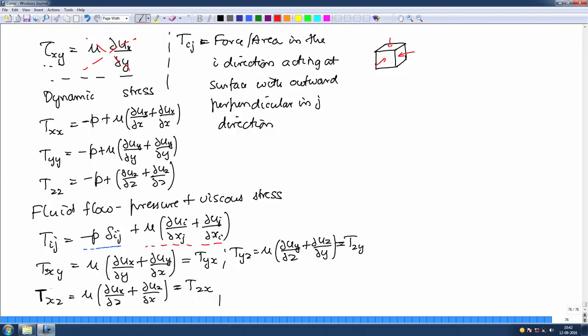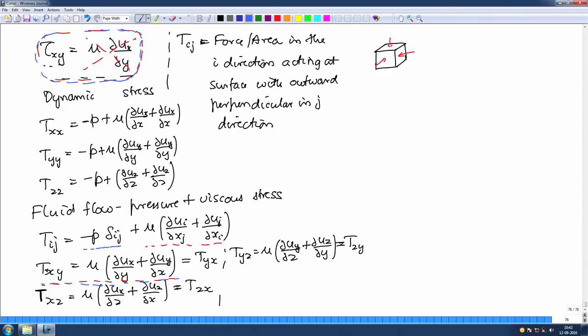So, this is the actual expression for the stress tensor, a generalization of this one. This expression that I had used earlier is valid only when uy is equal to 0 and ux is only a function of y, whereas this one is the more general expression for the stress tensor for an incompressible Newtonian fluid.